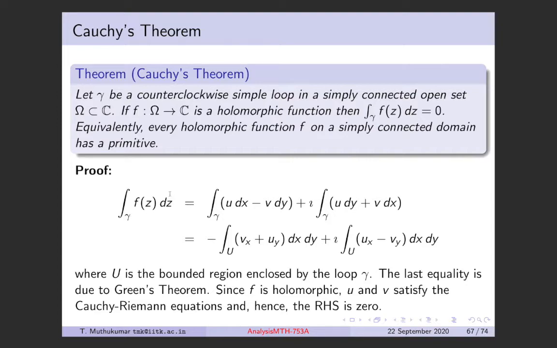What did we use to prove this result? We just used Green's theorem and the Cauchy Riemann equations, which we have already established in one of the previous lectures. So if we prove Green's theorem, then our proof is complete. This tells you that for a holomorphic function, the integral over a loop is always 0 for a simply connected domain.